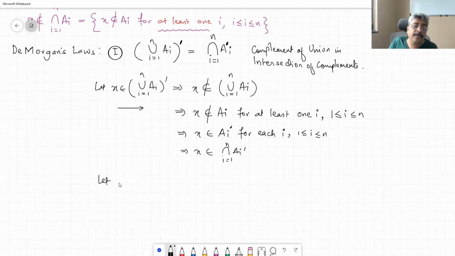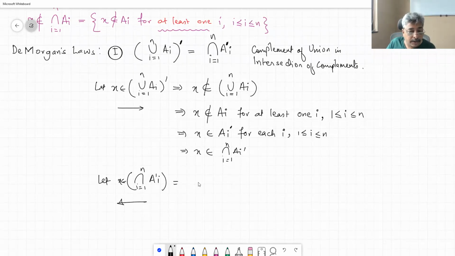Let x belong to intersection i goes from 1 to n Ai dash. This is from RHS to LHS. It means x belongs to Ai dash for each i, 1 less than or equal to i less than or equal to n. Actually, these are the opposite direction only.